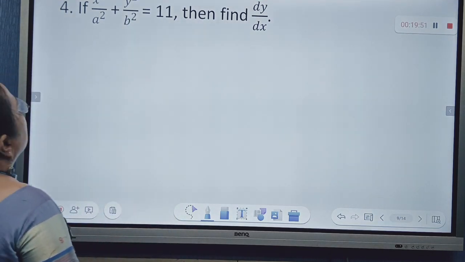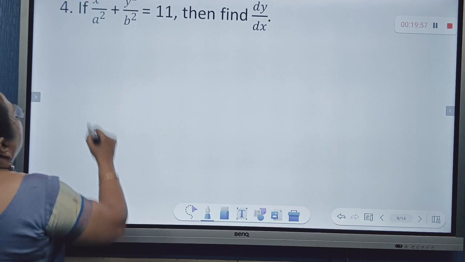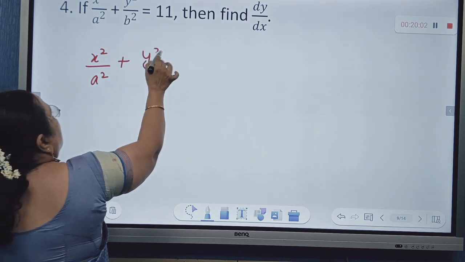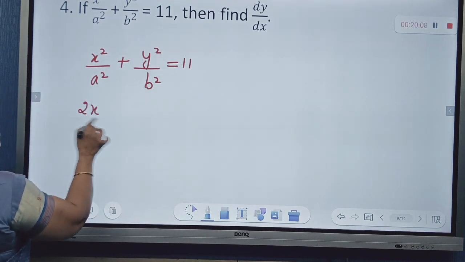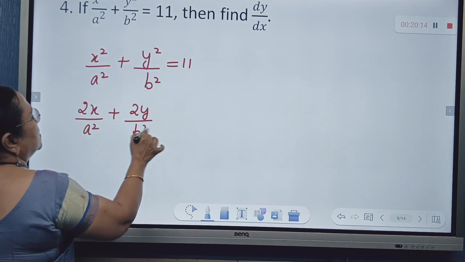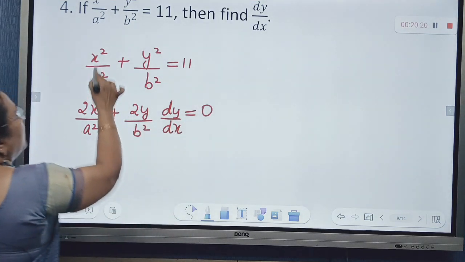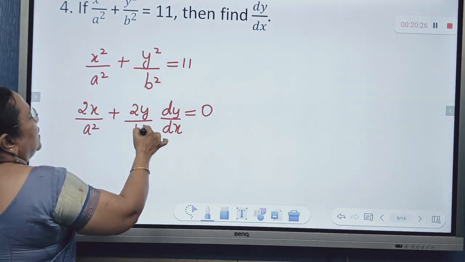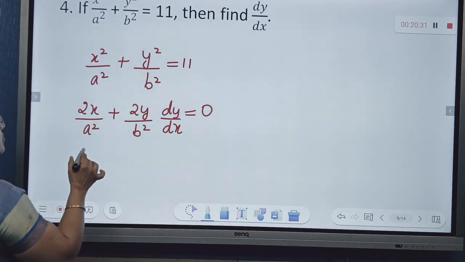So if x square by a square plus y square by b square is equal to 11, what is the value of dy by dx? So if I differentiate, what will I get? 2x by a square plus 2y by b square, because a square and b square are constants, into dy by dx equal to 0. 2x by a square, derivative of x is 1, plus 2y by b square, derivative of y is dy by dx, equal to derivative of 11 is 0.